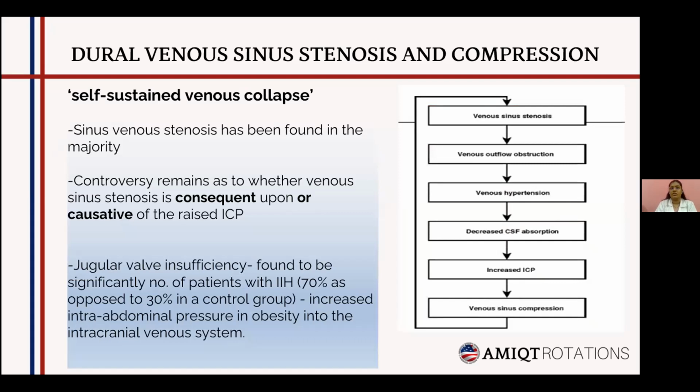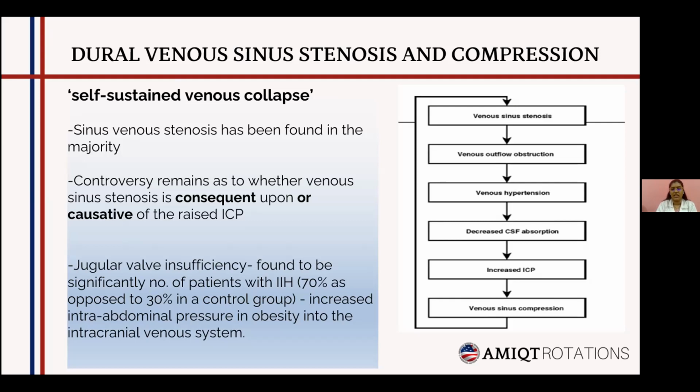Now, coming to the pathogenesis, we all know for sure that there is a raised ICP, but we don't know what is causing the rise in ICP. One of the postulated theories is that the sinus venous stenosis, which has been found in the majority of patients with IIH, is the cause for raised ICP.